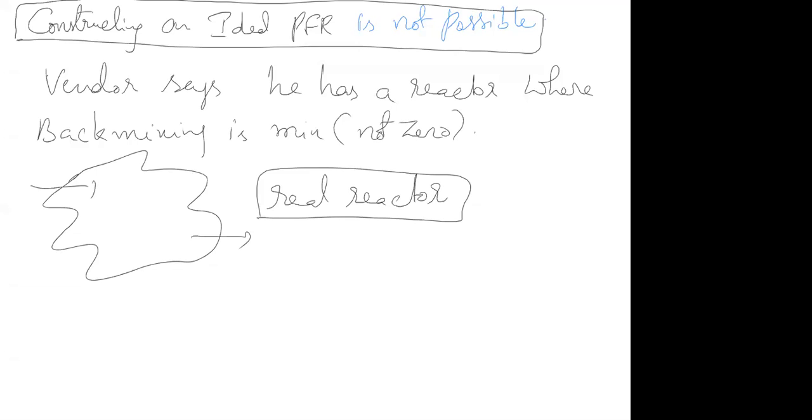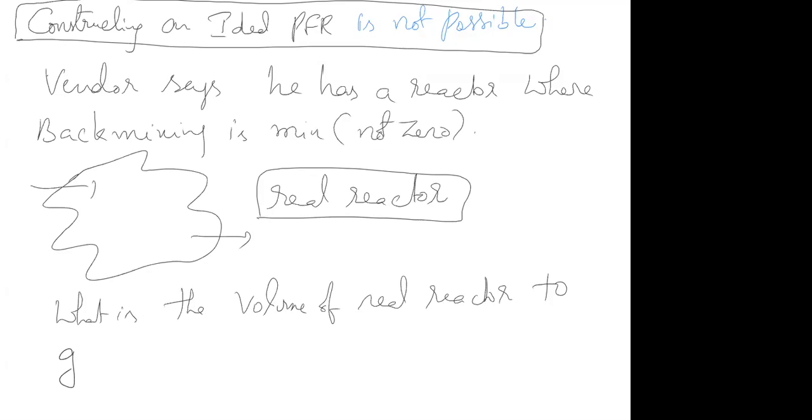But then you have a doubt. Then he will ask a different question. How much volume? Or let's say, what is the volume of this real reactor to get 50% conversion?